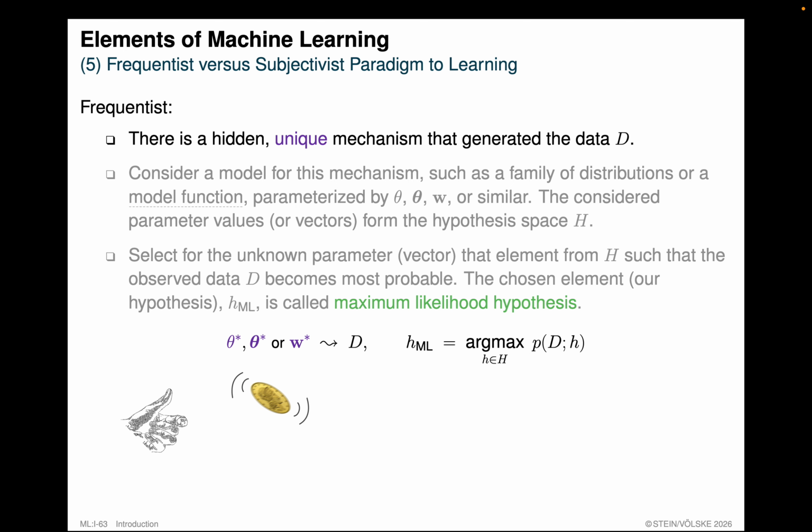In the frequentist paradigm, we are looking at the data and asking what mechanism is the most likely one that could have created the data, or which parameter of the mechanism. And we therefore call this likelihood, not probability. This is a likelihood, and this is the maximum likelihood hypothesis. The hypothesis, as we learned from the past with the linear model function, is a parameter vector, the parameters of the linear model function. Here, for the binomial distribution, it is the parameter theta.